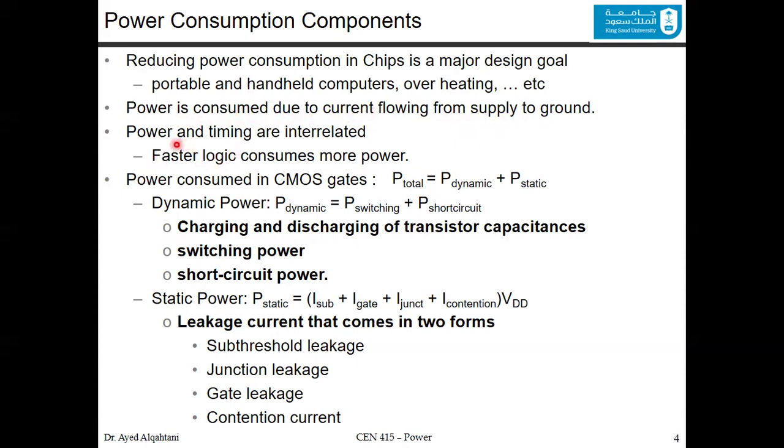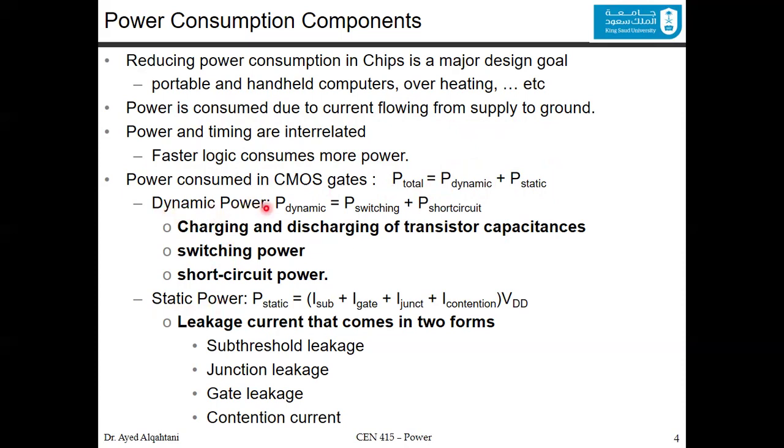Now, power and timing are interrelated. Usually, if your target is faster logic, this means that you will consume more power. The power consumed in CMOS gates, what we call the total power, is equal to the dynamic power plus the static power, which are the main two components.